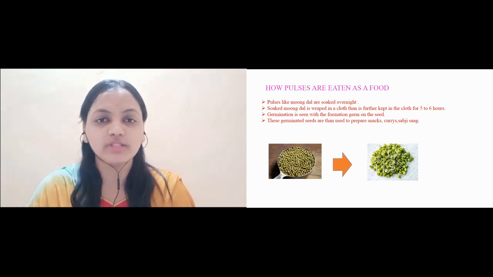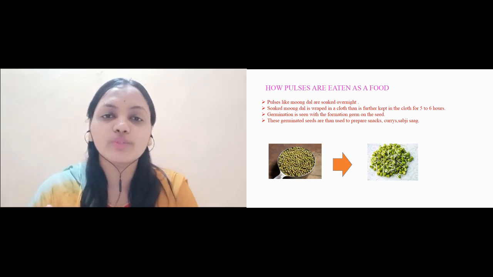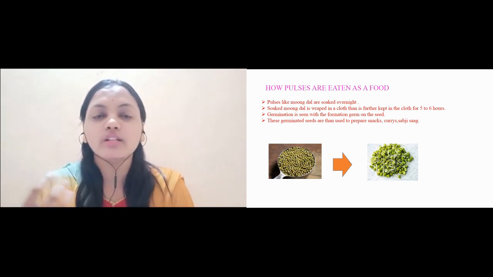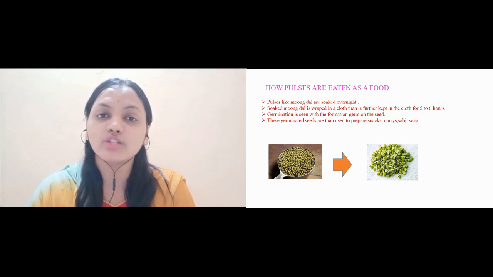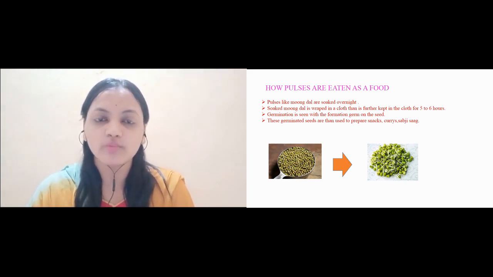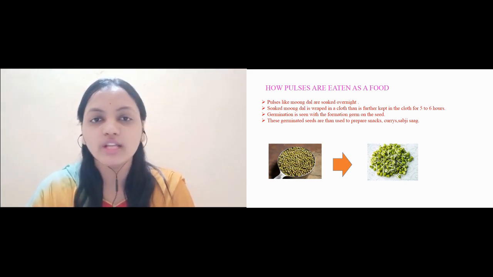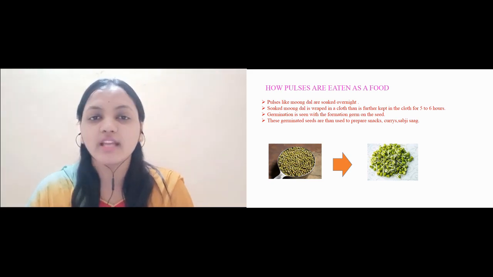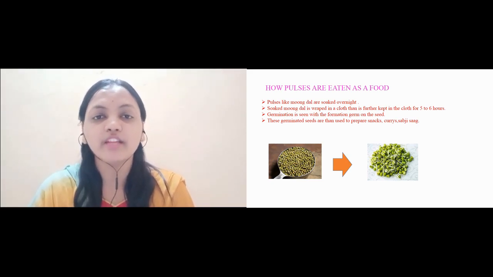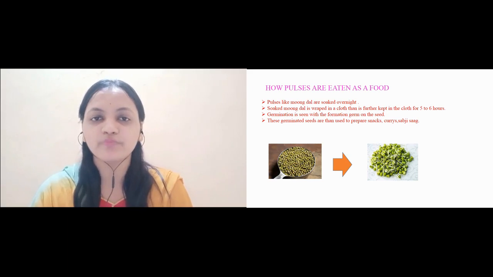In this way, we use dry seeds and convert them into an edible form so that they can be easily cooked and we can take them as food by preparing various dishes.